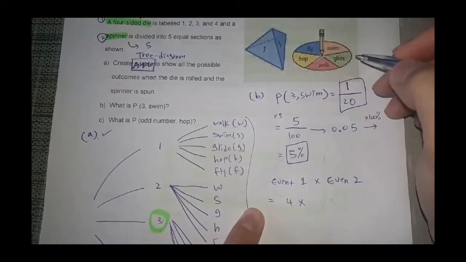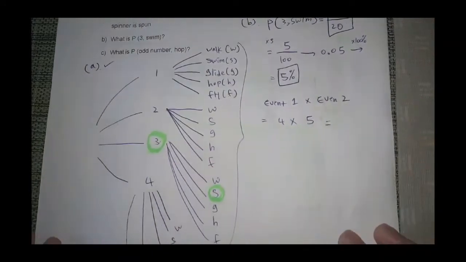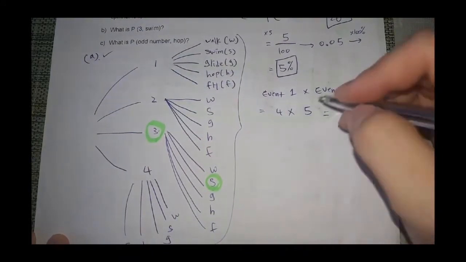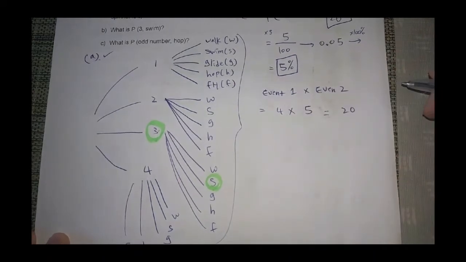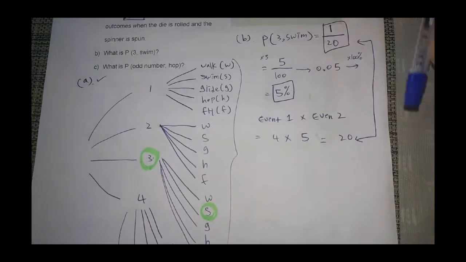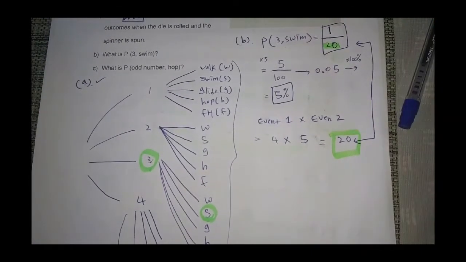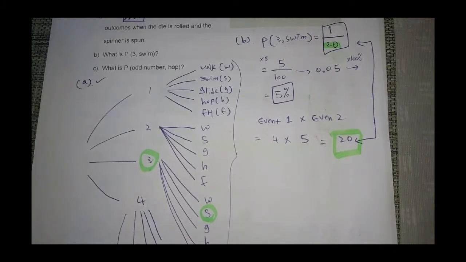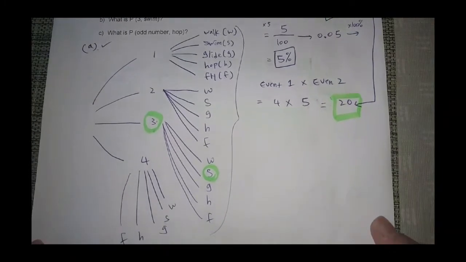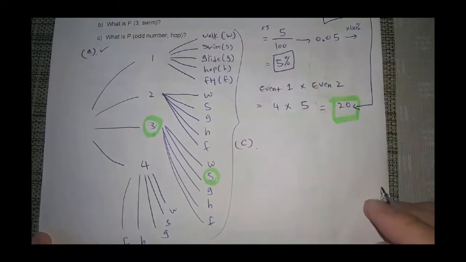Event 2 is a spinner that has 5 different sections. So the only thing you need to do is multiply those total possibilities. 5 times 4, that is 20. And as you may notice, this 20 correlates to our total possible outcomes in these 2 events if those 2 events happen simultaneously.